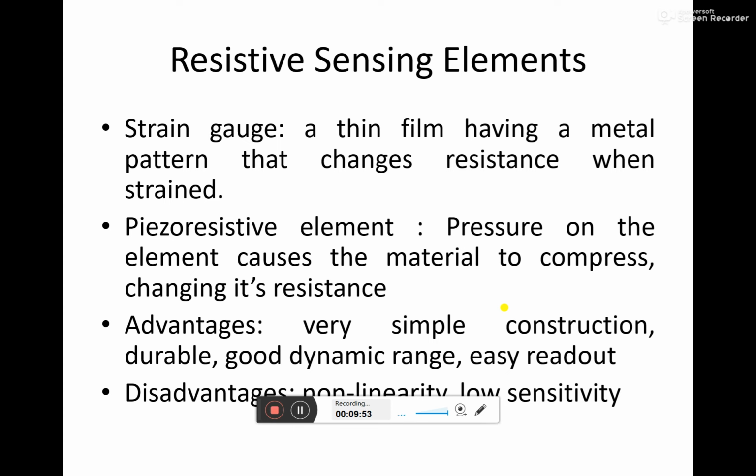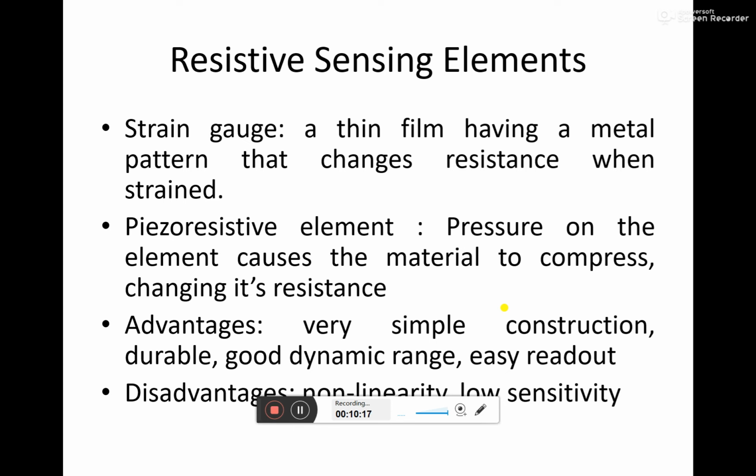Whenever we apply some pressure over the resistive element, it gets compressed, as we already saw, and there is a change in the resistance value. This resistance value is measured and converted into a measurable value, like a conductivity value or a force value.